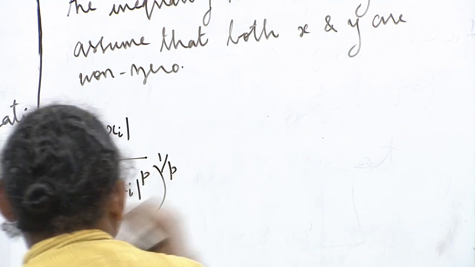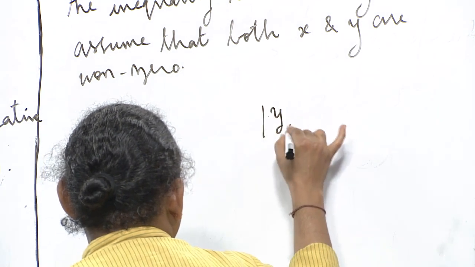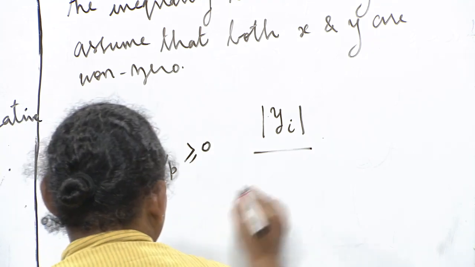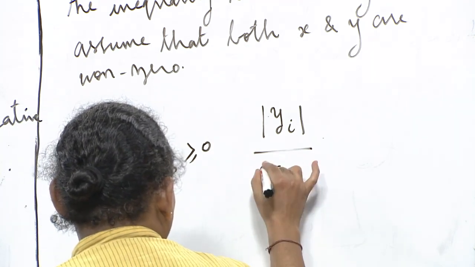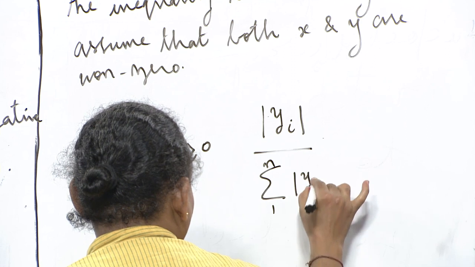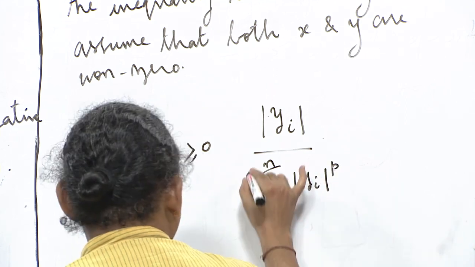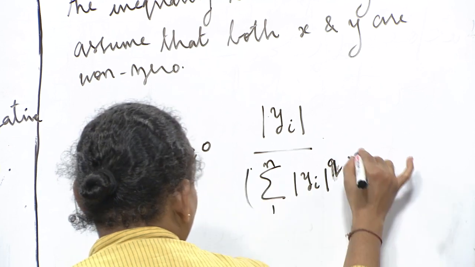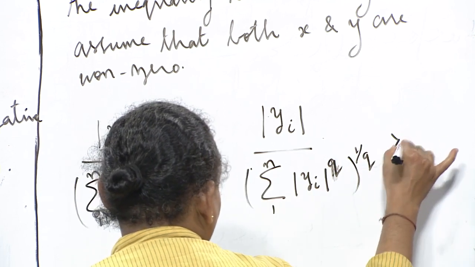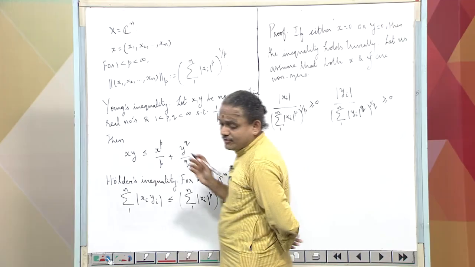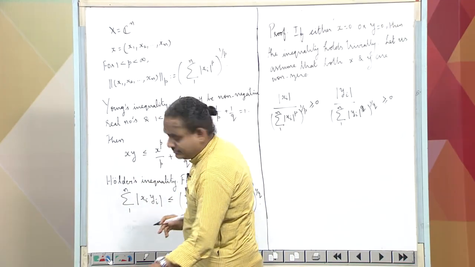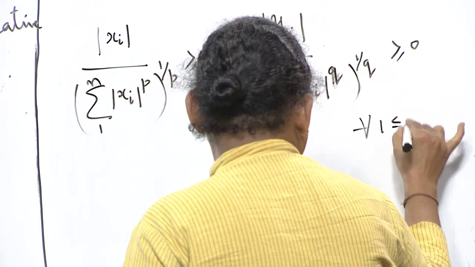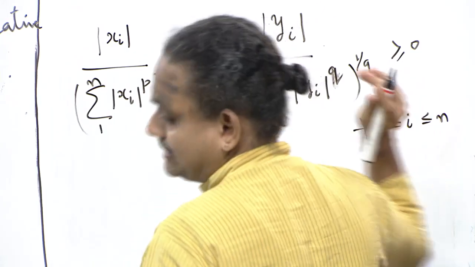This is one. The other one is mod yi upon the summation from 1 to n of mod yi power q, whole raised to the power 1 by q. Yes. So, both are greater than or equal to 0, and this holds for all 1 less than or equal to i less than or equal to n.